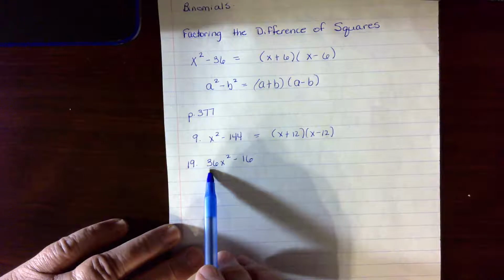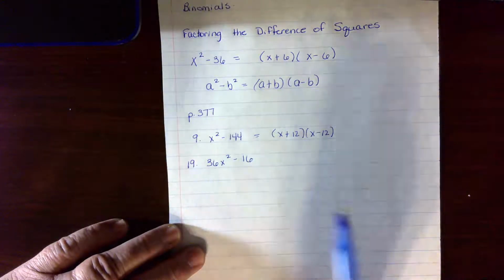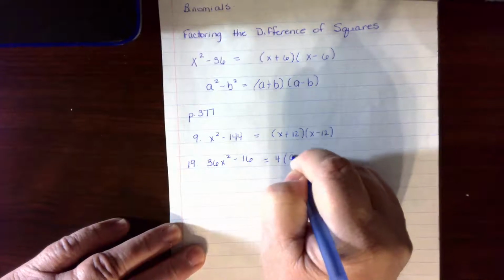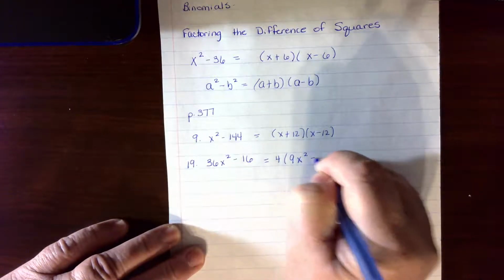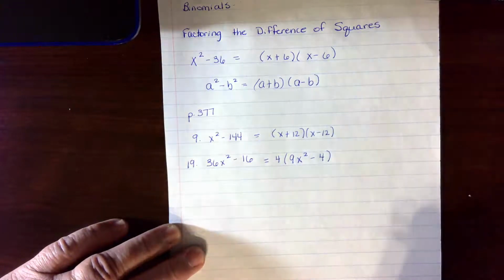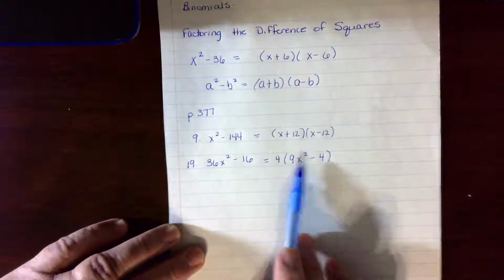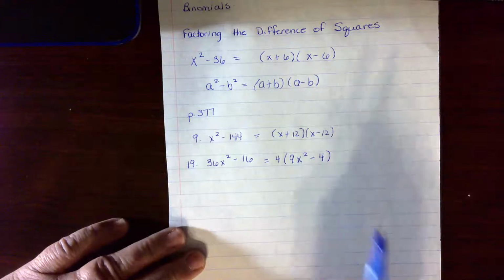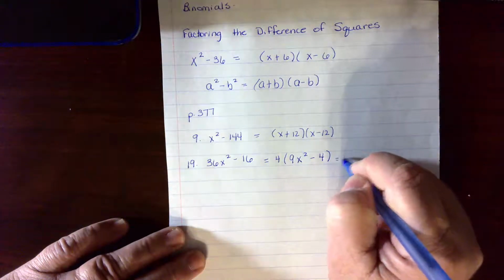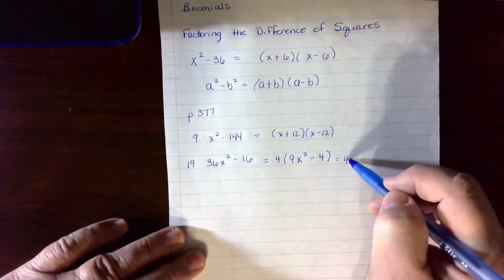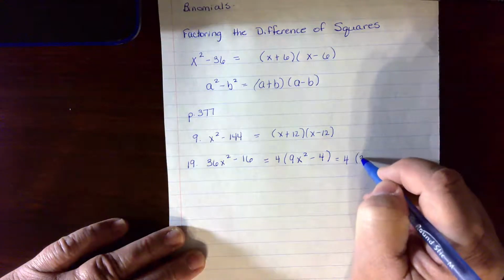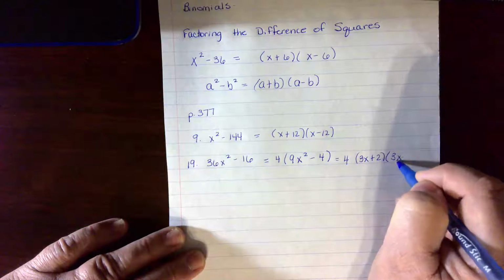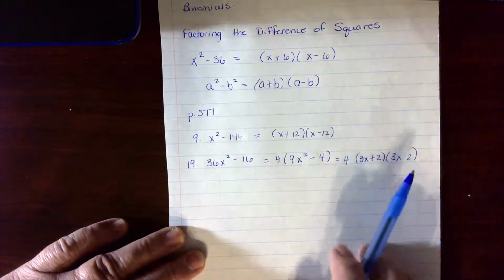And the largest number that will divide into 36 and 16 is 4. So you factor that out first. Then what you have left is still perfect squares, and it is still a difference. So you continue factoring, keeping the 4 as the sum and the difference of the two square roots.